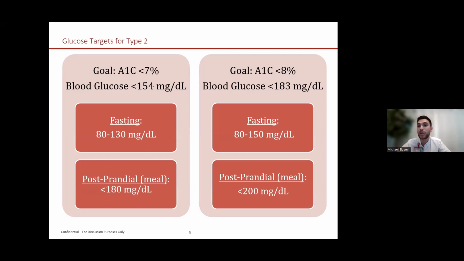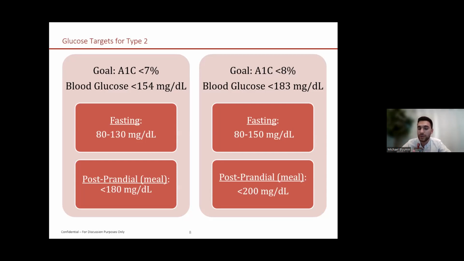That would mean that your meal is in line with something that's diabetes friendly, and also your medication is working appropriately. Now, if we look for a looser goal of under 8%, this can be commonly used if you're prone to low blood sugars. Then, of course, our targets can increase a little bit since the A1C goal is a little bit higher. So having a goal of less than 8% means that on average throughout the day, your blood sugar is less than 180, hovering in the 180 area. So that means your fasting when you wake up is probably between 80 and 150.